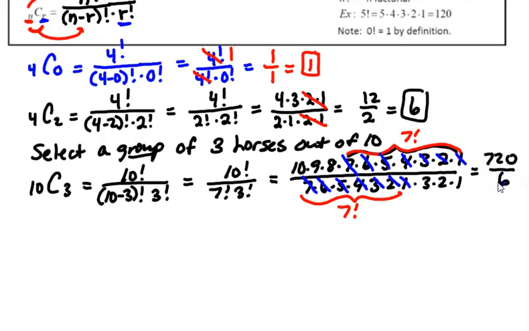So now 720 divided by 6 is equal to 120 different ways that we can get 3 horses out of a group of 10. This is going to make it easier for us to count outcomes in a little bit more complicated situations.